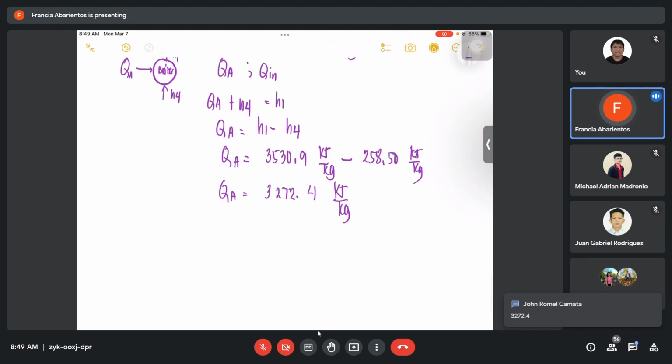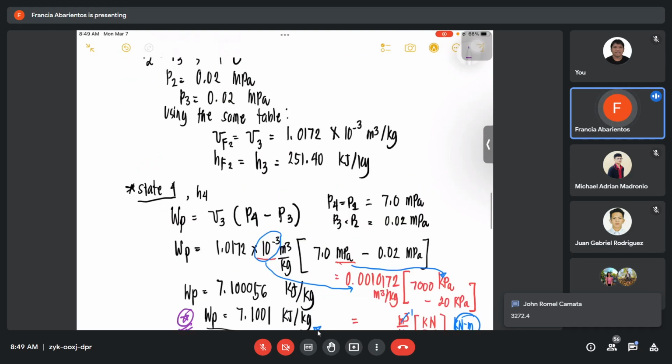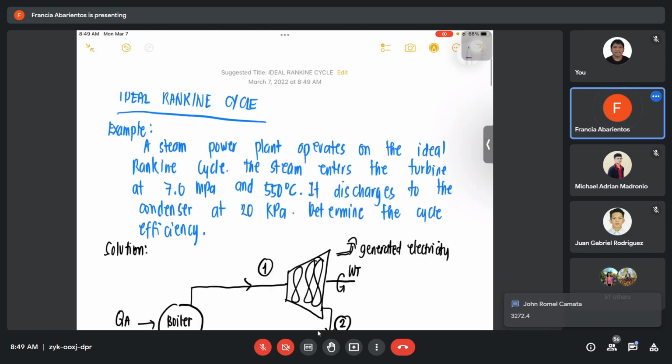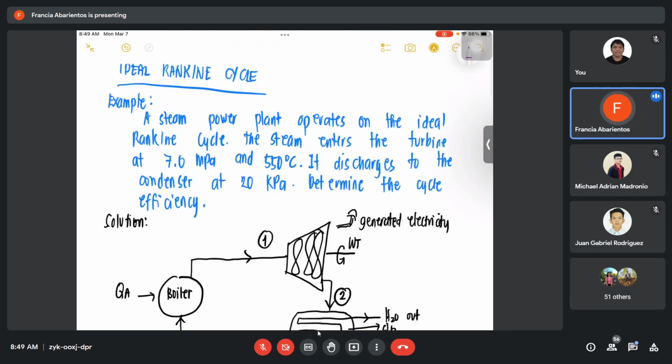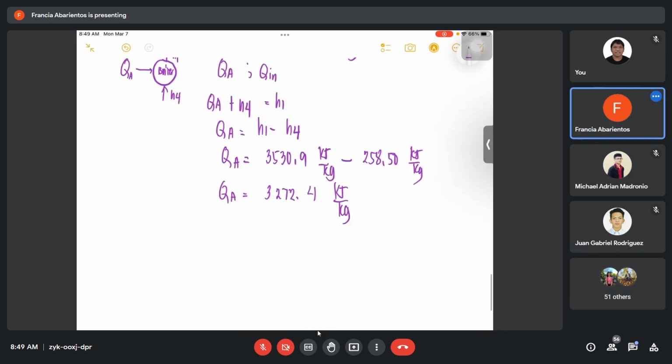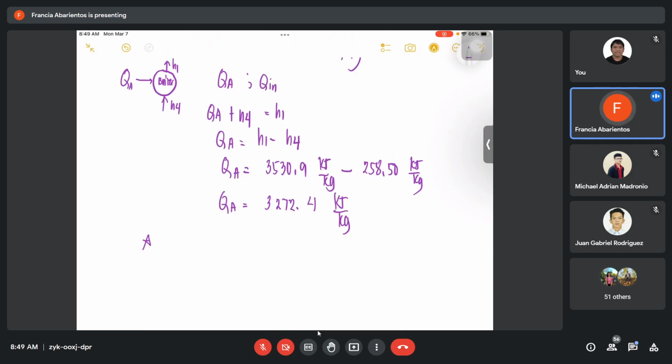So, in finding for the thermal, anong pinapanap sa atin? The cycle efficiency. Okay. In finding for the cycle efficiency, you can always have the work net over the heat added.